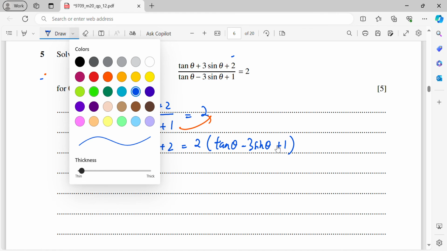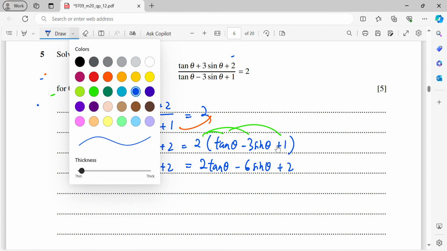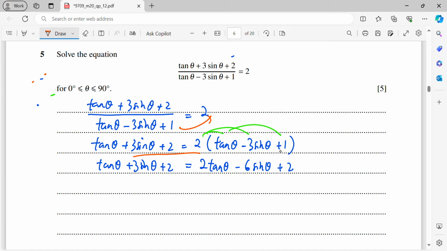And then I will do the expansion for the right hand side. So once you have done the expansion, you will get 2 tangent theta minus 6 sine theta, then plus 2. Left hand side, just rewrite. Okay, so now here, I will simplify first. I will move all the terms to the other side because I noticed that 2 tangent theta is on the right side and the left side has only 1 tangent theta.